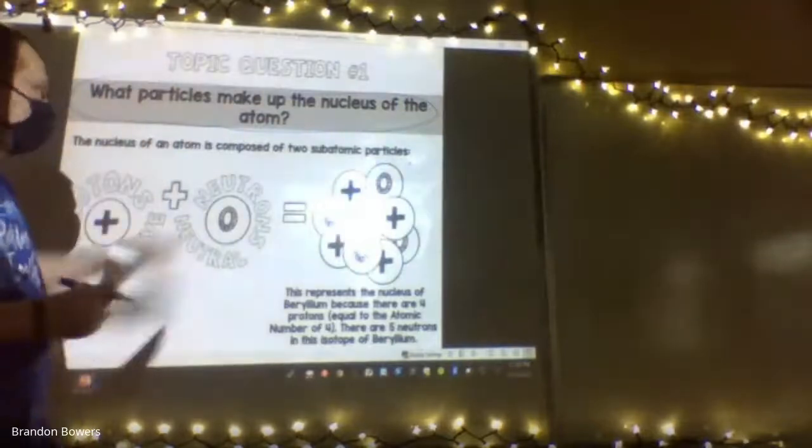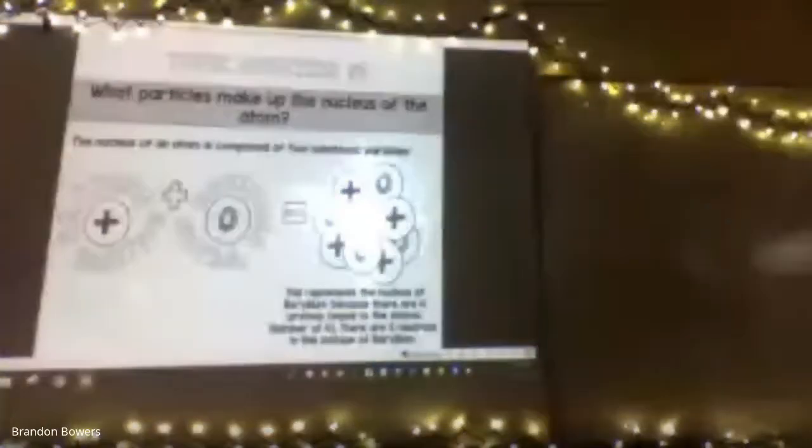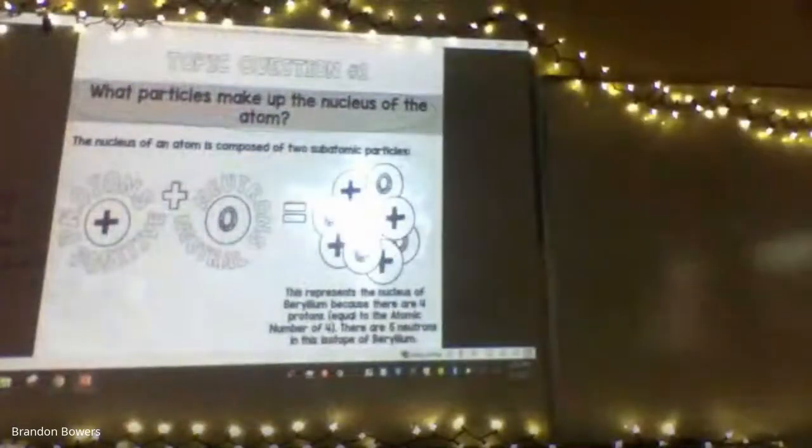Like I said, we're going over some background information, and hopefully we remember what particles make up the nucleus of an atom. Hopefully we remember the nucleus has the neutrons and protons, which means where are the electrons?